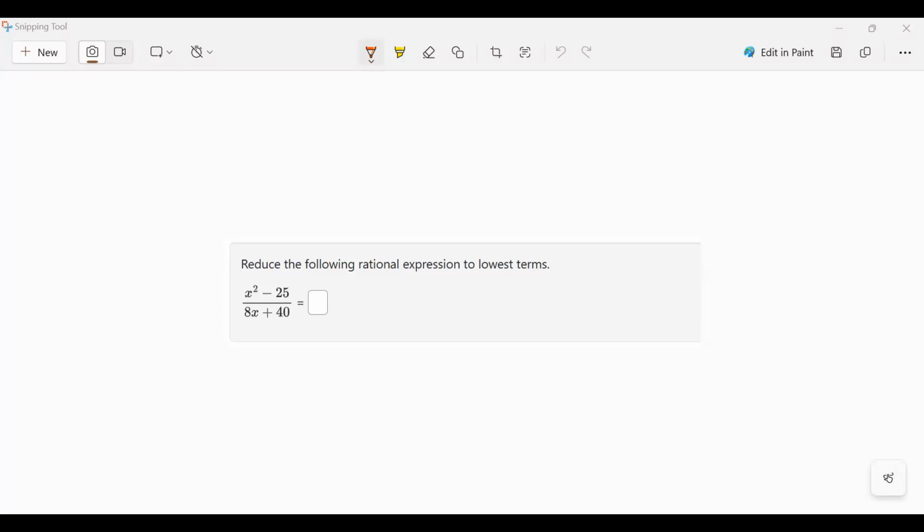Let's go back to the question here, and then let's go over the solution. So here, factor the top, which is the difference of two squares. So this is going to be (x + 5)(x - 5). The bottom, I factor by GCF 8 times (x + 5).